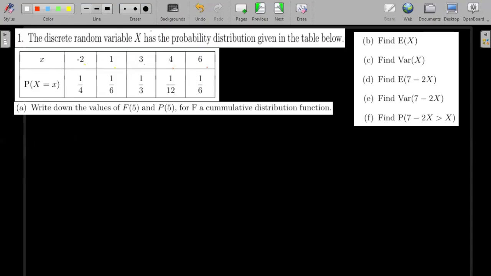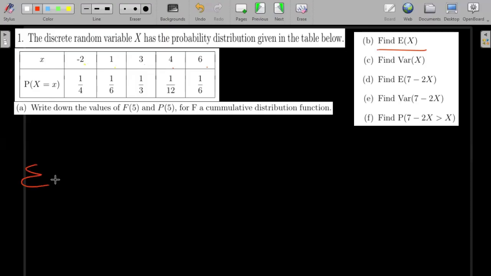So B, we have that. Find the expected value of X. Remember, for expected value, we're just adding the product of this plus the product of this plus the product of this plus the product of this plus the product of this.